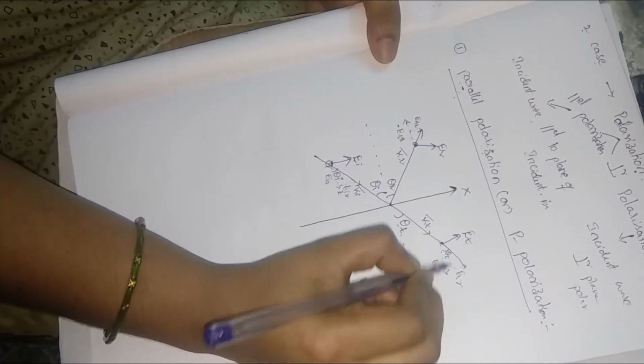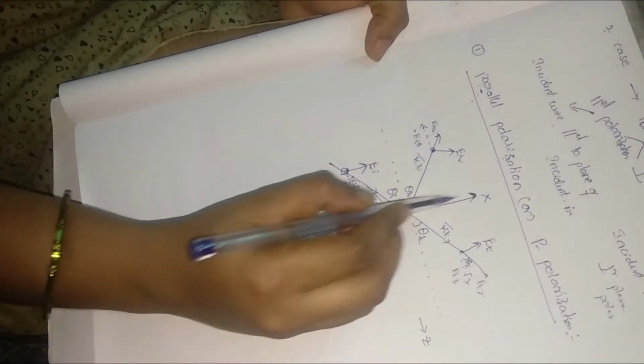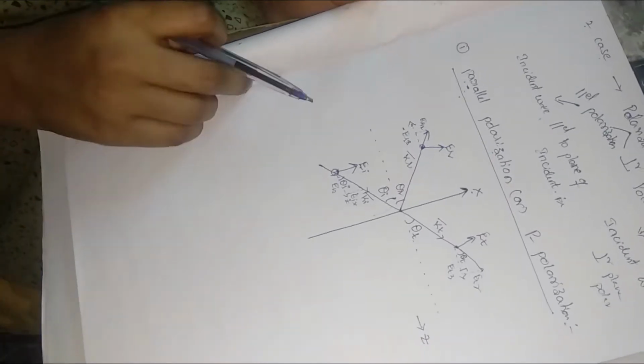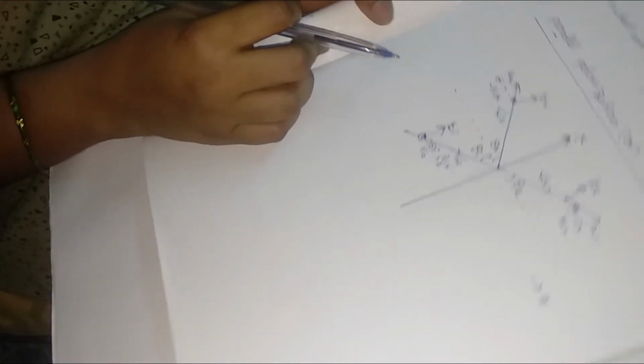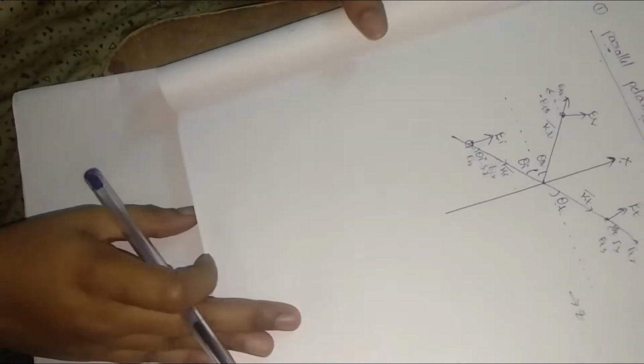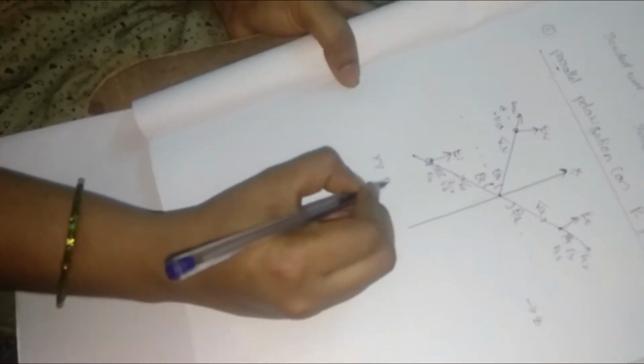The angle is theta t. So here this is the plane of incidence, and the electric field is parallel to the plane of incidence; here we are only talking about the electric field. The boundary between the two mediums is the xy plane. This is the boundary.